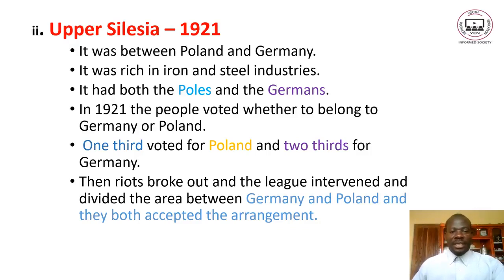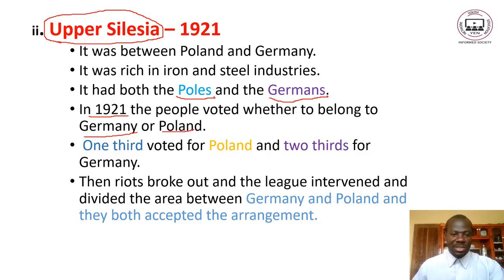This area had both the Poles, the people from Poland, and the Germans. So in 1921 the people voted on whether to belong to Germany or Poland. It was the people of Upper Silesia who wanted to make the decision.